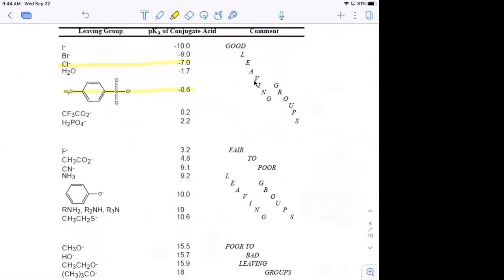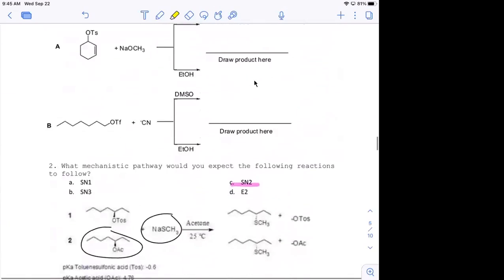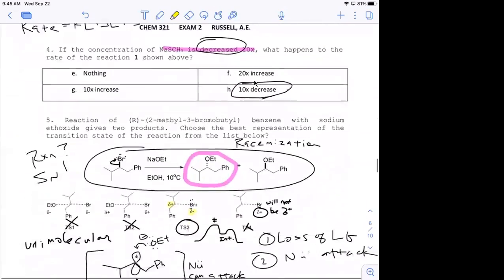So which one of those has a lower pKa? OTs is moving closer to 0. Remember, those are negative numbers. So -7 is smaller than -0.6. So the HCl has a lower pKa. The chloride anion has a lower pKa than the tosylate anion. So that means the chlorine is going to be a better leaving group.